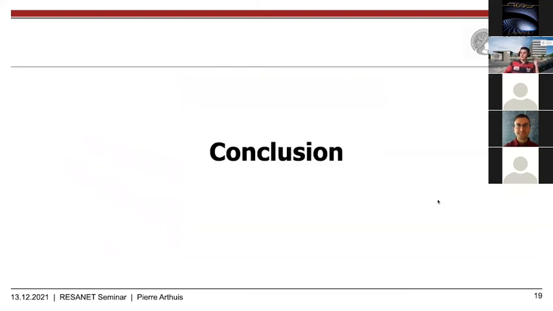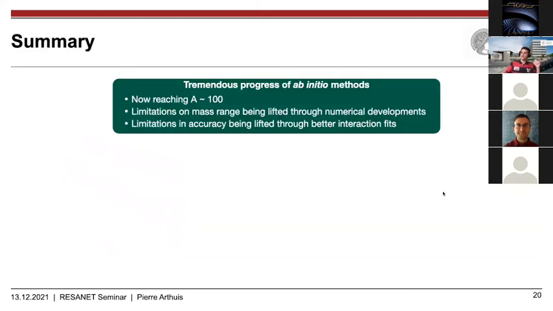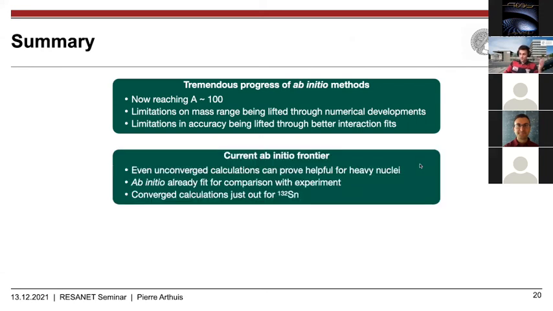Now moving to my conclusion, just to summarize what I've been talking about. I've shown you the tremendous progress of ab initio methods that are now able to reach up to A equals 100 roughly, with the limitation in the mass range being lifted through numerical developments, and the limitation in accuracy being lifted through better interaction fits.